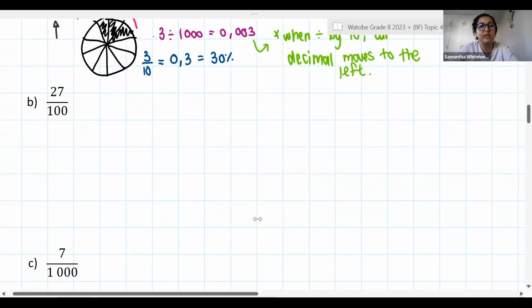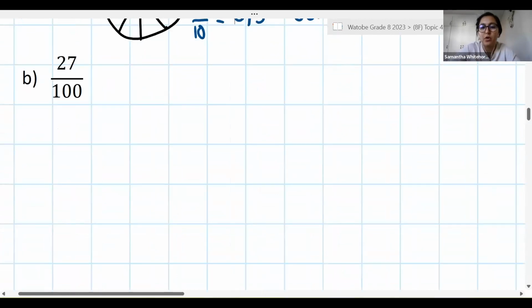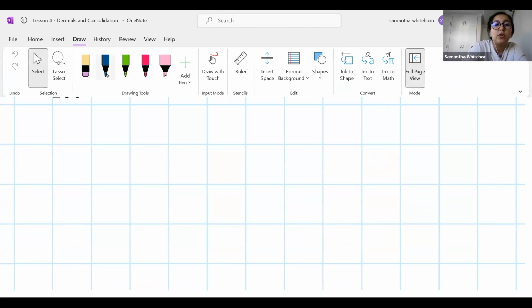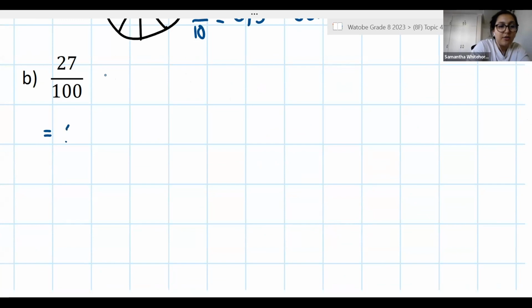Alrighty, so let's have a look at this example here. We've got 27 over 100. Again, we need to use the same sort of thinking in terms of I'm now dividing by 100. This has 2 zeros. So according to the notes that we made, or the little pattern that we saw happening, we need to move this decimal. Again, we can take this out of fraction form and write it with the division sign. It might make it a little bit easier to see how we need to move our decimal point.